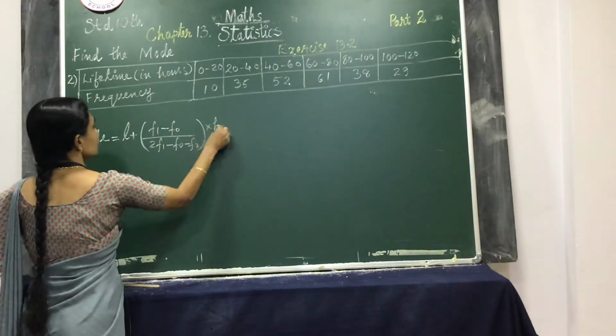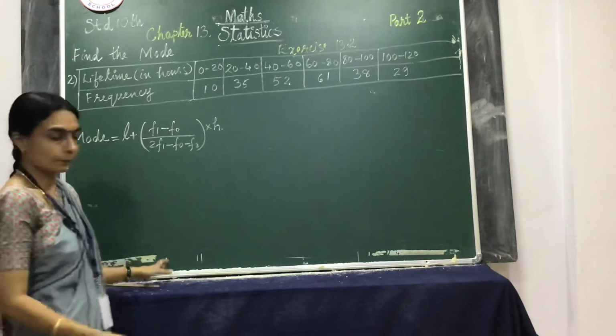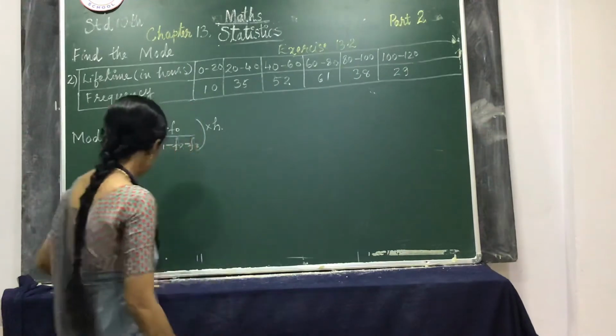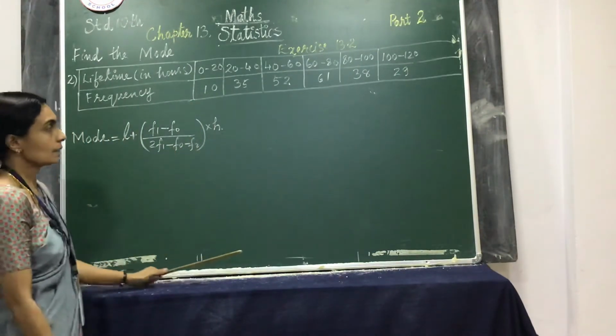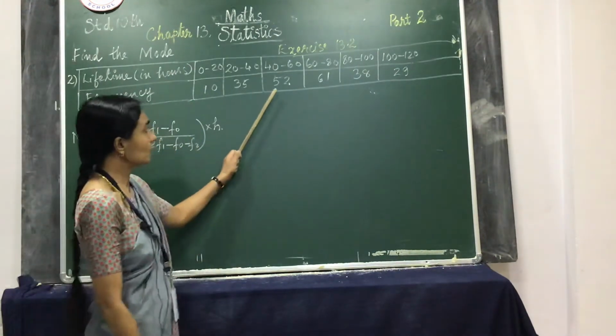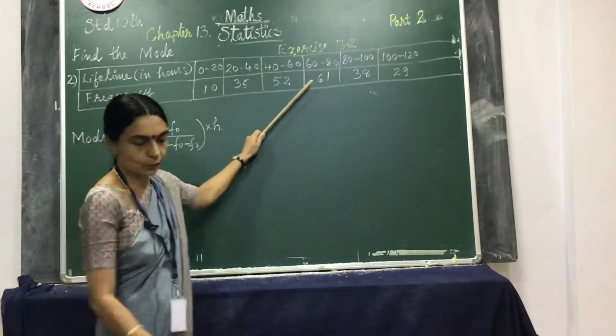Here the modal class is the class interval having the highest frequency. Here it is 61.